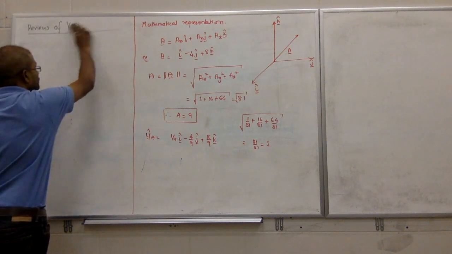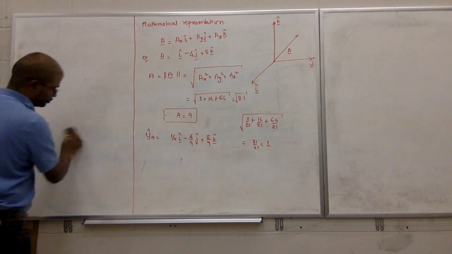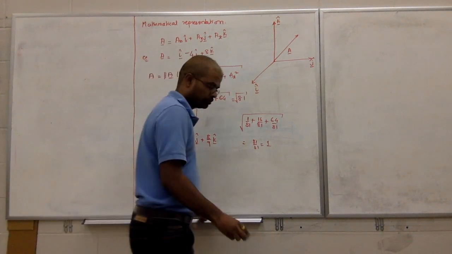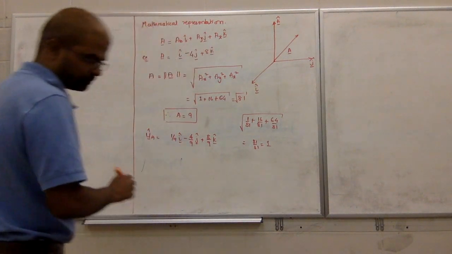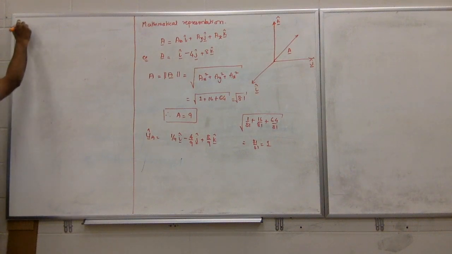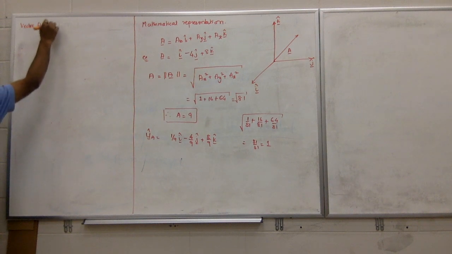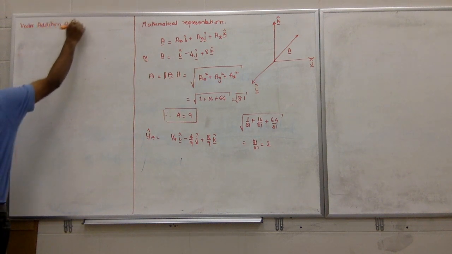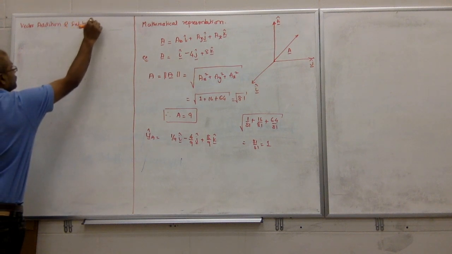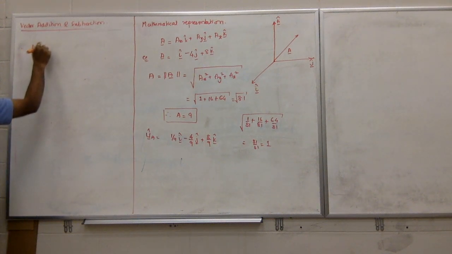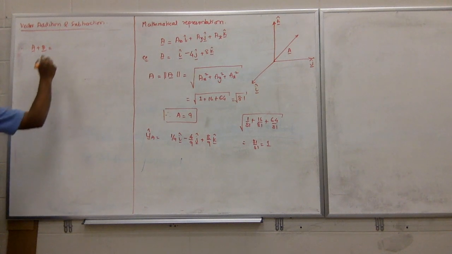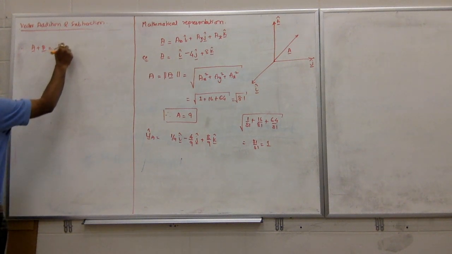Keep in mind, if you have vector A, vector addition and subtraction, you have A plus B, it's simply equal to AX plus BX, right?